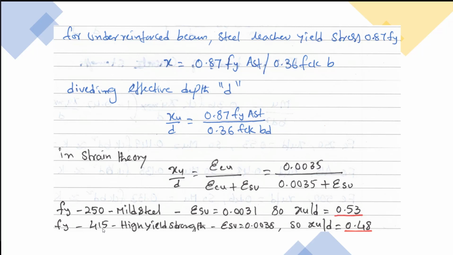I don't want to go in depth into the calculations of how these capacities are calculated, because most of the code books internationally provide the formulas to calculate the capacities for under-reinforced sections, over-reinforced sections and balanced sections.